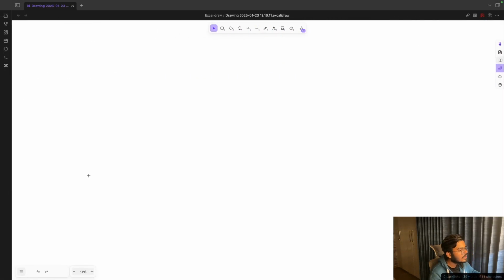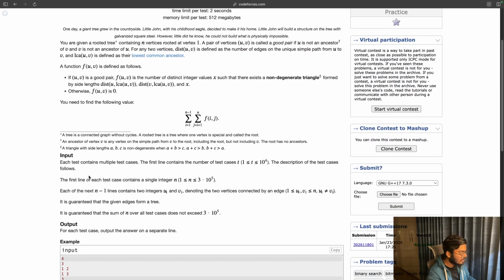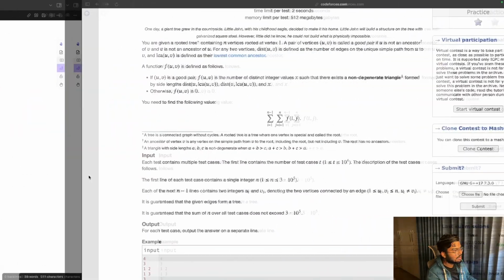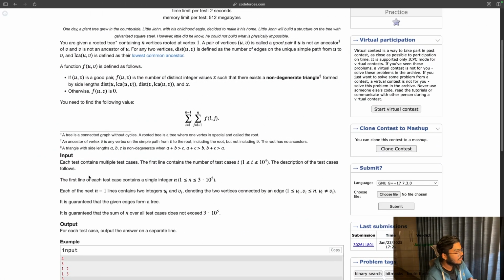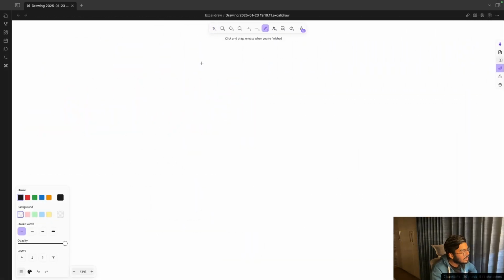Okay, so let's see what is asked. For any pair, f of u and v is the number of non-degenerate triangles that can be formed. And clearly, let's say we have an LCA of two vertices.